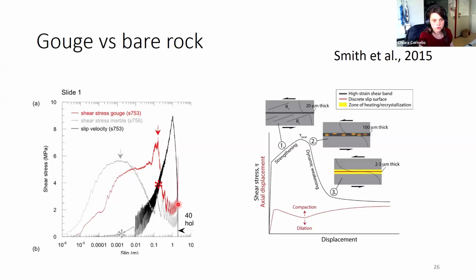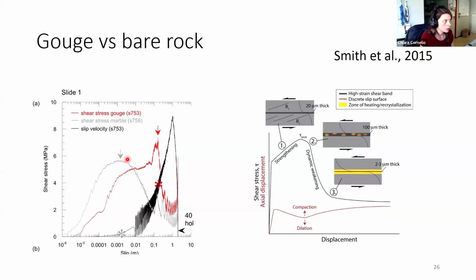So already in 2015, Smith observed that by imposing the same slip rate between samples in gouge, that is this red curve over here, or in bare rock, we can have a difference in the initial phase of the deformation.